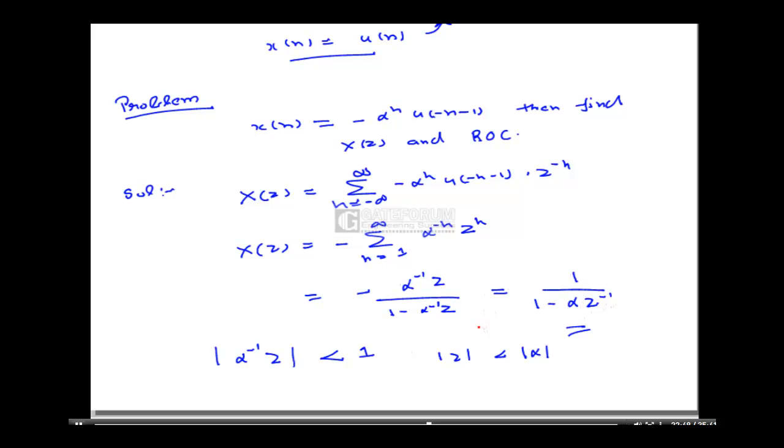But here the region of convergence is inside the circle. This is again my unit circle. This is my circle of alpha radius. Region of convergence is inside this.